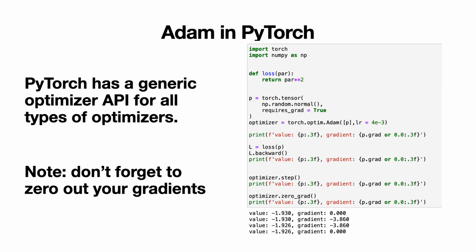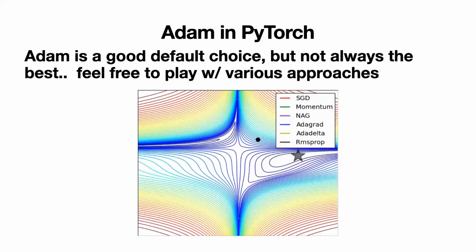But it's a very simple API, and if you want a different optimization algorithm, instead of torch.optim.Adam you just put in something else, right? If you look at the API documentation, there are lots of optimizers to choose from, and even though Adam is one of the default choices, it's not necessarily the best everywhere.